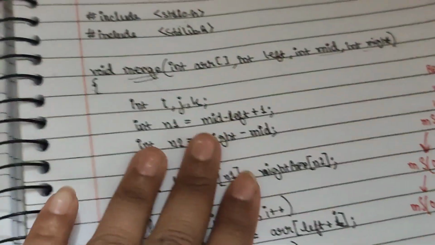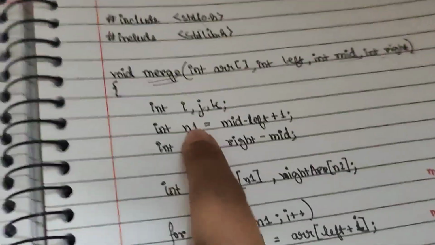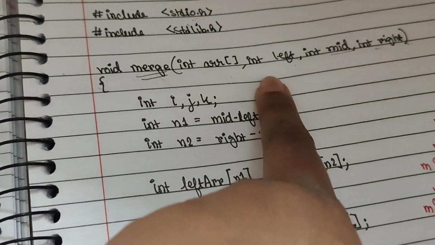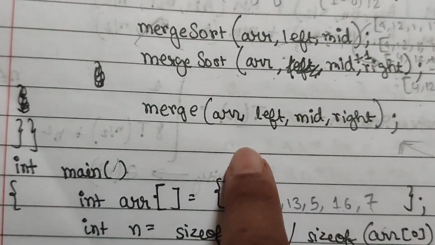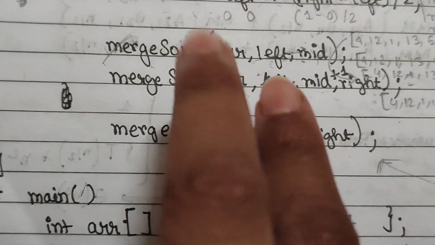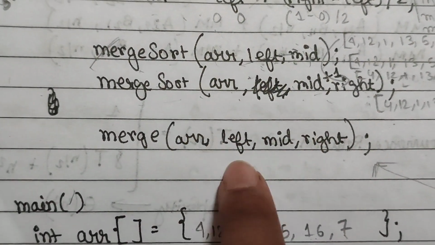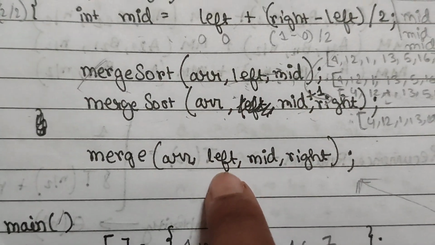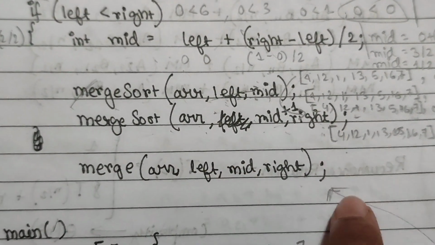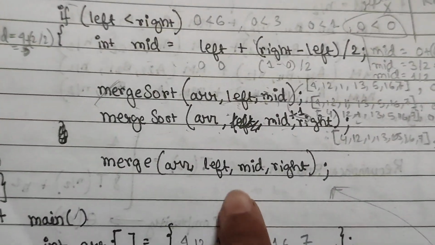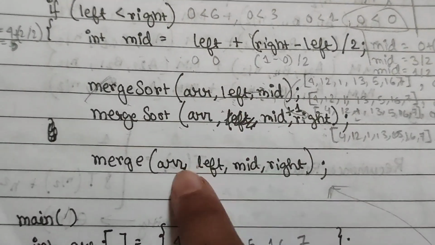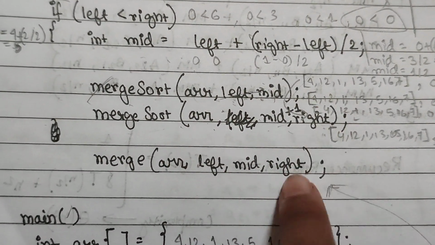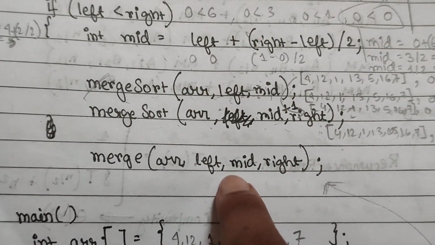Okay, so this is a merge function. So in here we have 4 parameters. One is the array, one is the left index, one is the mid index, and one is the right index. What are we sending through the left, mid, right index? The left index in this case is, I guess, 0, and the right is 1, right? Yes. So the left index is 0 and the right index is 1, and the mid index is again 0.